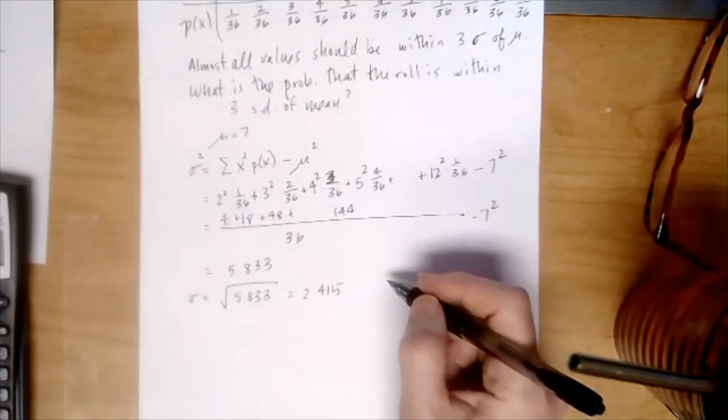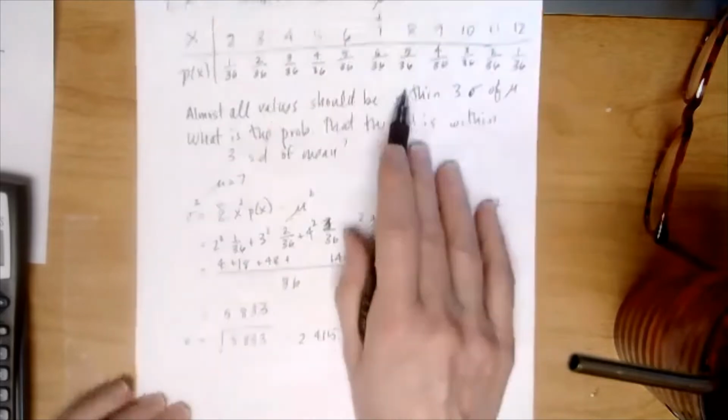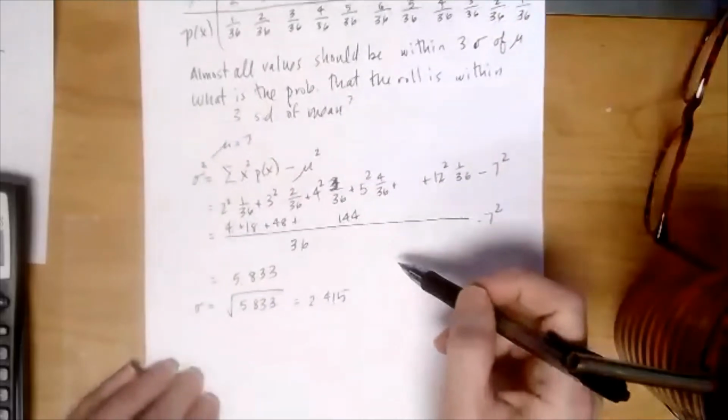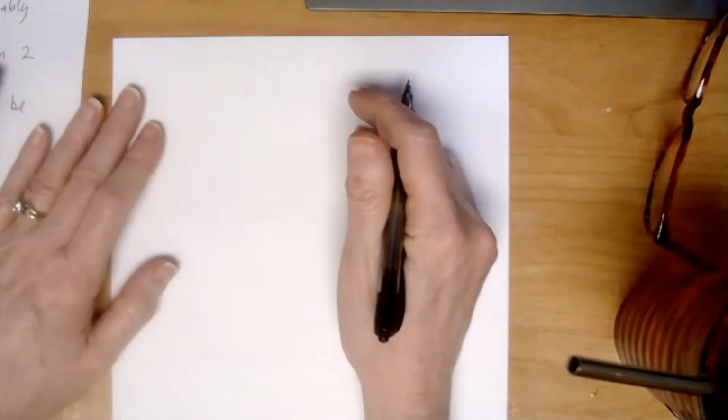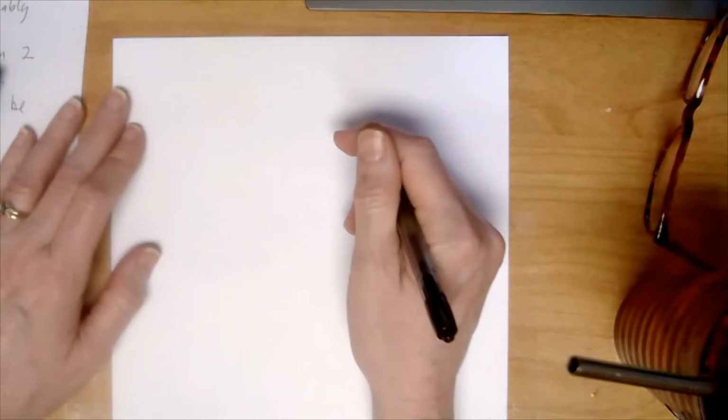All right, so this measures how spread out these values are for this distribution. So the problem that was asked is what's the probability of being within 3 standard deviations of the mean, right?